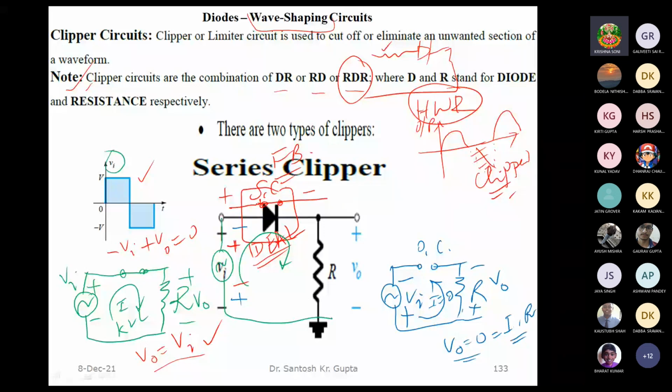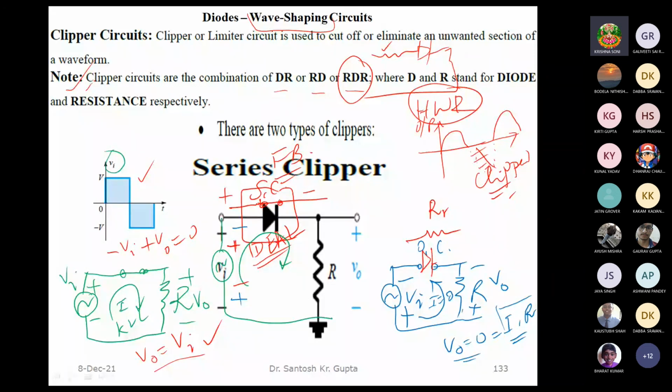If one takes the real diode, in that case this value may not be 0. This should also be understood here. Why may this value not be 0? Because the reverse bias diode, which is assumed here to be an open circuit, may not be really open circuit. In the reverse bias case, it may offer a very large resistance.